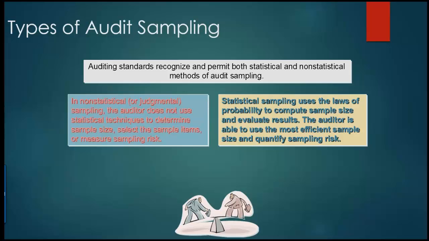So on the other side, we may consider using a non-statistical or non-probability sample, which we're calling here a judgment sample. In this case, the auditor does not use statistical technique to determine the sample size, but he or she is understanding the determinants of the sample, of the population, and of the risk and what he or she is looking for, and carves out the sample based upon these requirements.